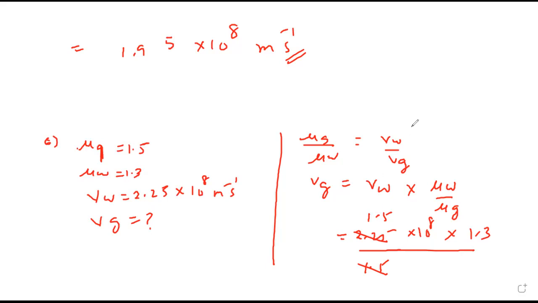7th one. Ratio of thickness of strips of two transparent medium is 6:4. So thickness I am writing as distance of A to that of B is 6/4.